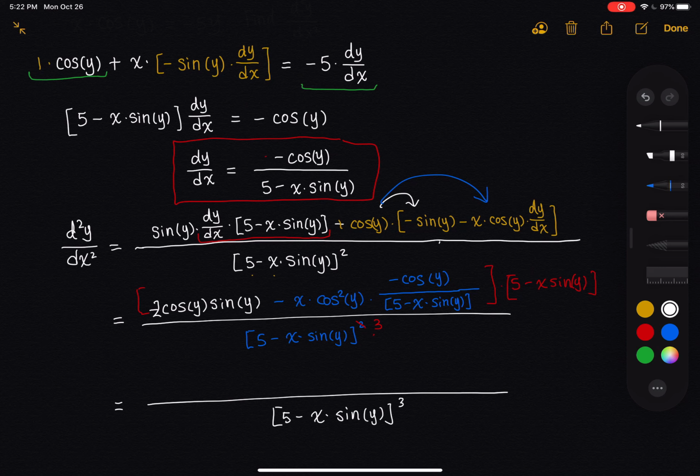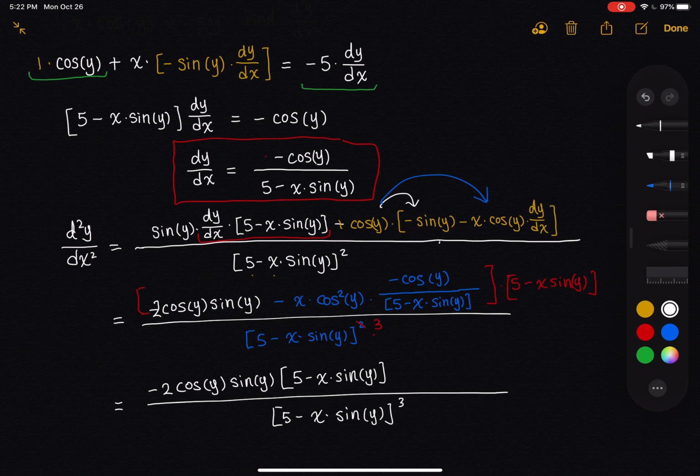And on the top, you get negative 2 cosine of y sine of y, which is the same as sine of 2y, but we don't need to go through that, times 5 minus x sine of y.